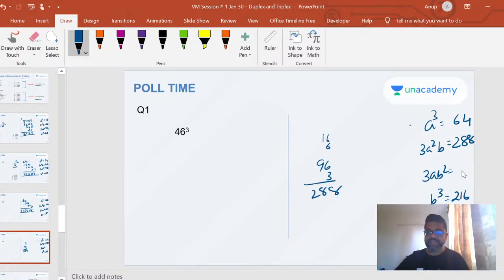And then 3ab squared. So it is 36 into 4, which is 144. 144 into 3, right? Which is 432.